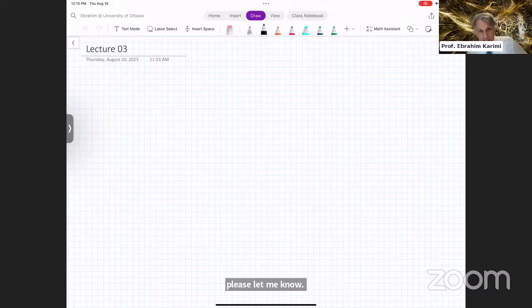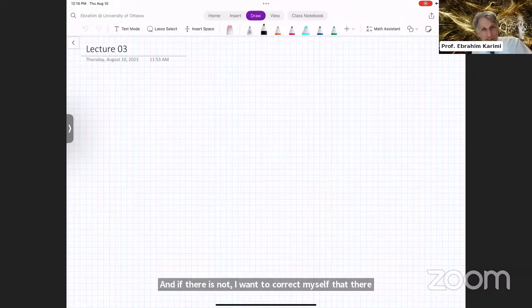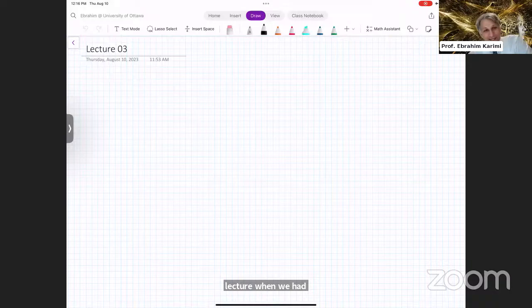And if there is not, I want to correct a mistake that I made during the second lecture. When we had A cross B cross C, by mistake I said that when A is in the plane of B and C, that is equal to 0.